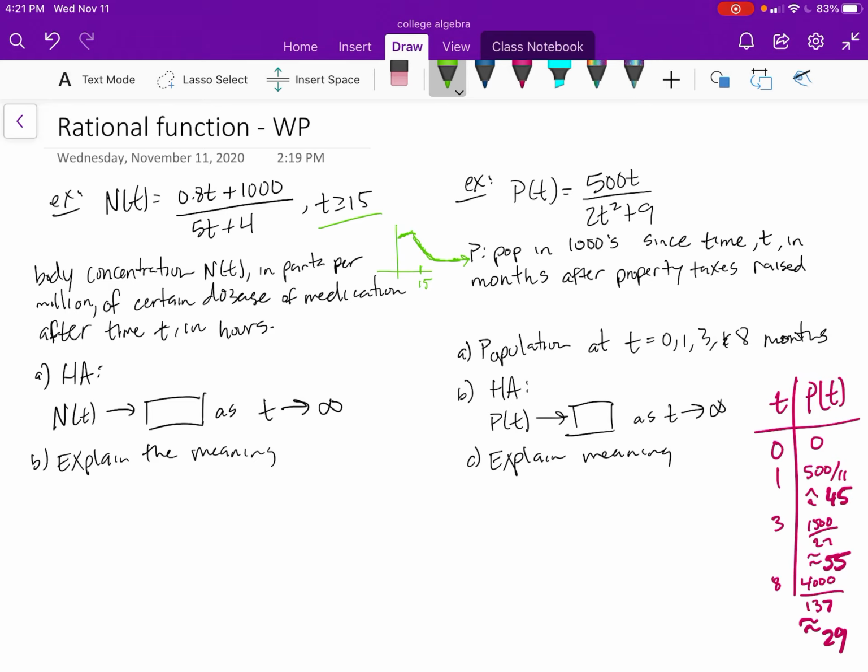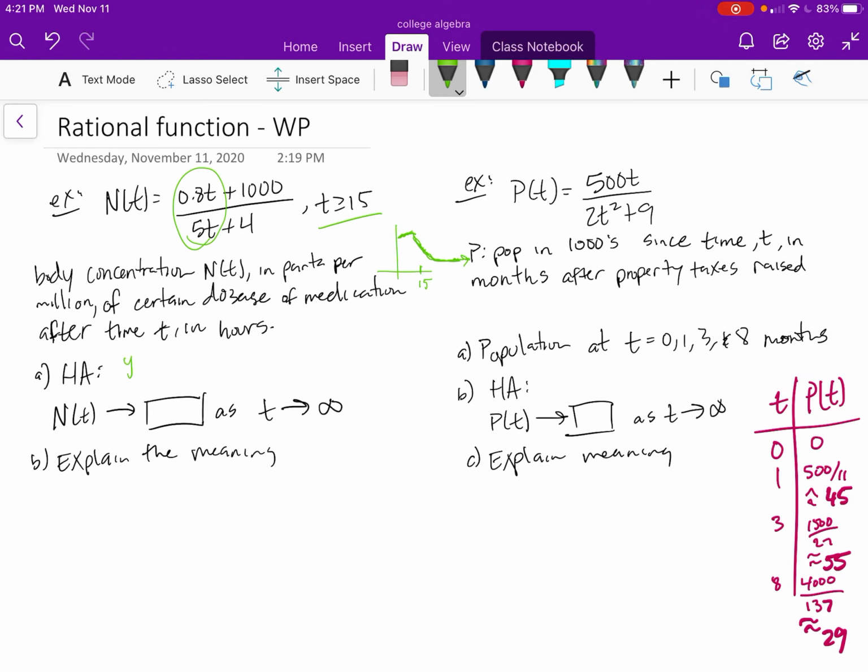So part one, it's saying what is the horizontal asymptote? All right, so the horizontal asymptote, remember you are comparing the degrees of the numerator and denominator. Here they're the same, they're both a degree of 1, both t to the 1 power. And if that's true, then you take the coefficients of those variables.